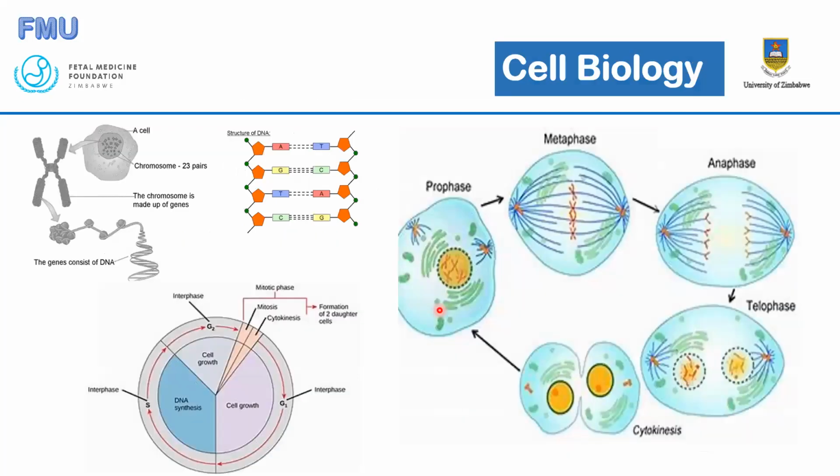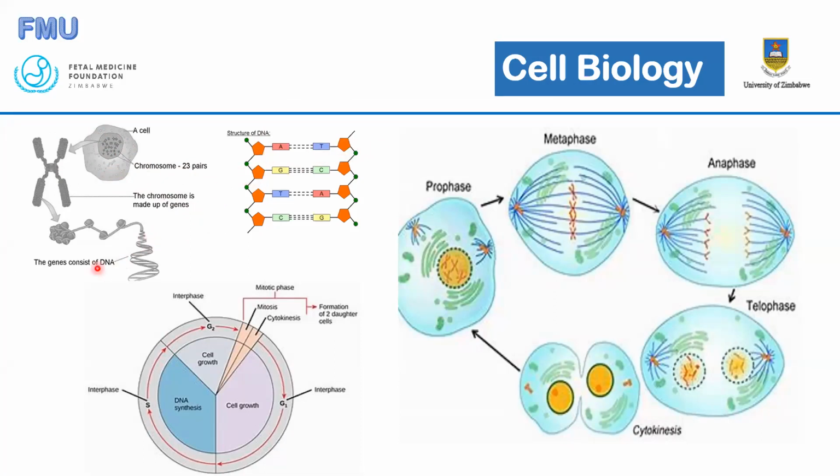To just go through cell biology so that everything falls into place nicely. First of all, we have a cell and a nucleus, and this nucleus has got 23 pairs of chromosomes. And within these chromosomes, we have the arrangement of nucleotides as they are being shown there.